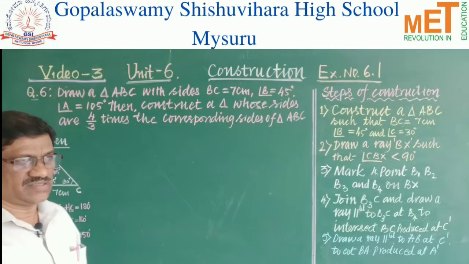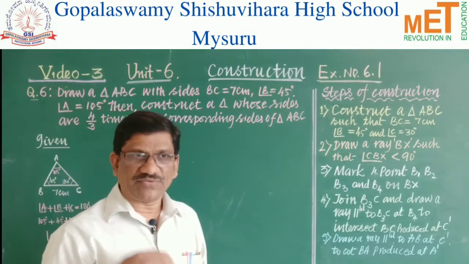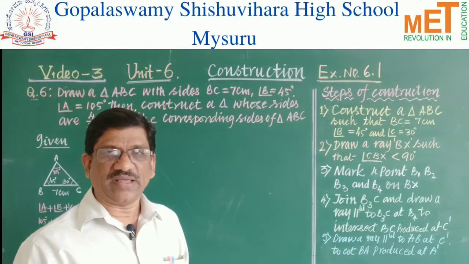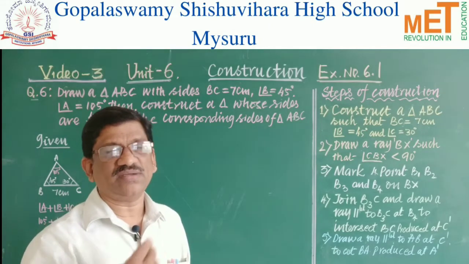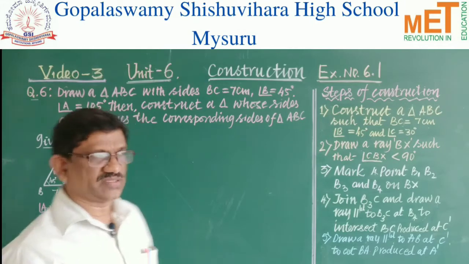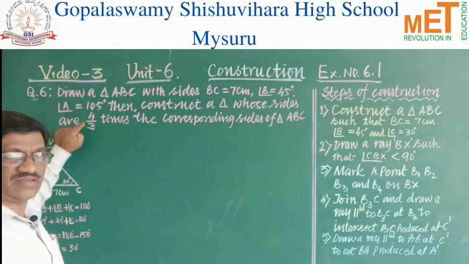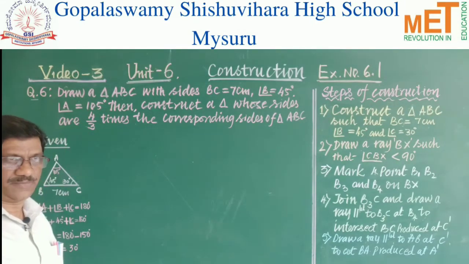So that means the triangle we have to construct will come outside the given triangle, because here the numerator is greater than the denominator. Okay.